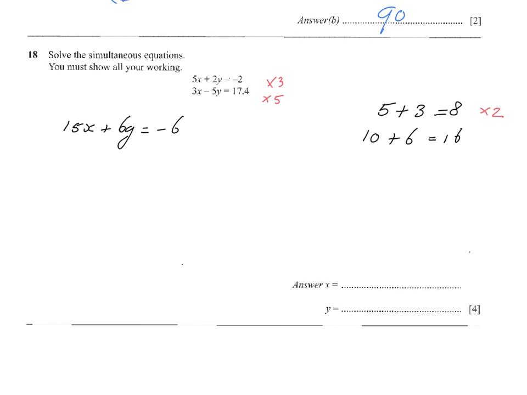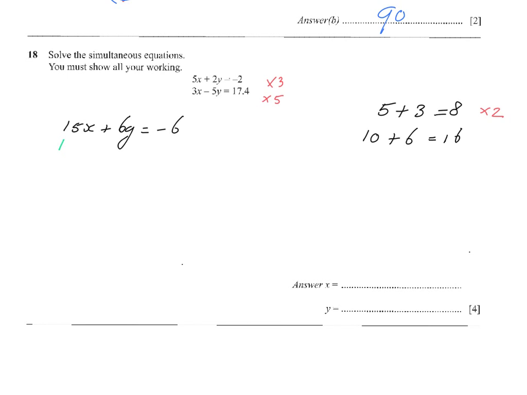So as long as I multiply all the terms by a particular number, the equation is still true. I'm going to do a similar thing here. This is exactly the same as this, but make sure you multiply all the terms by 3, and we tend to forget this one. Okay, same for the other one, times everything by 5.